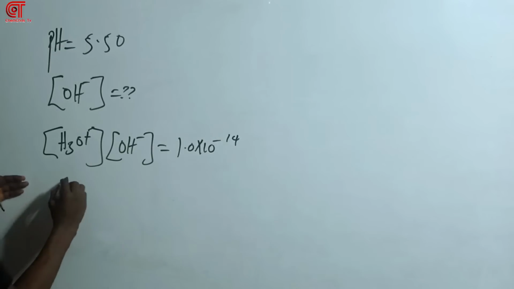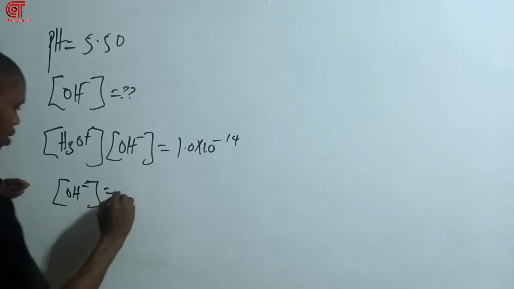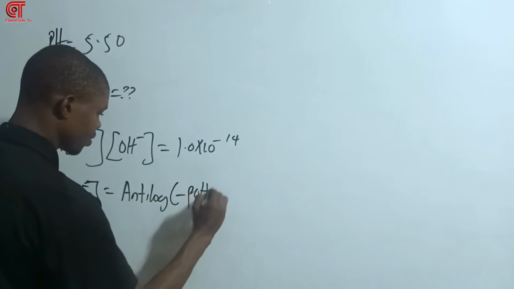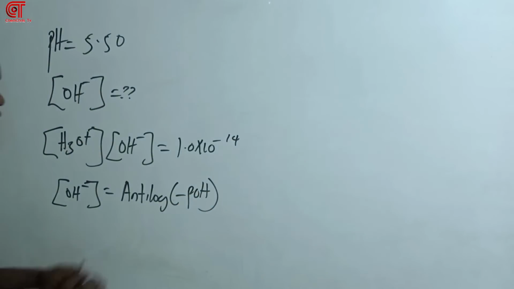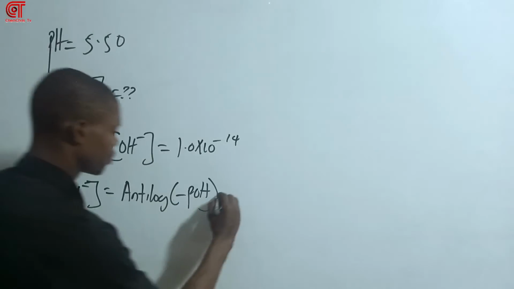You can use any of these, or you can use OH minus equals antilog of minus pOH. So you can use any one of these and you get the same answer. Now let's use the second one.